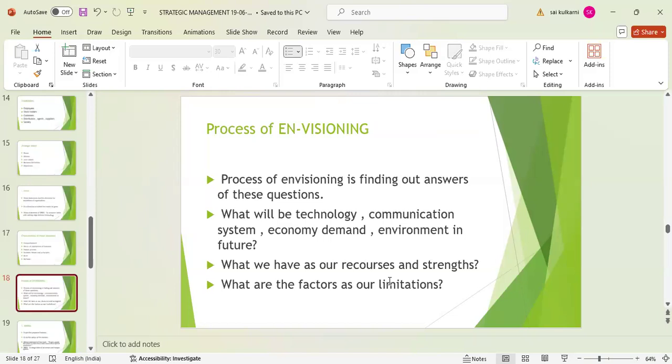With the help of that, the vision statement of the organization can be created. So this is the process of envisioning, or the process of creating the vision statement of the organization. In this process, the goals, objectives and resources of the organization are defined very clearly.